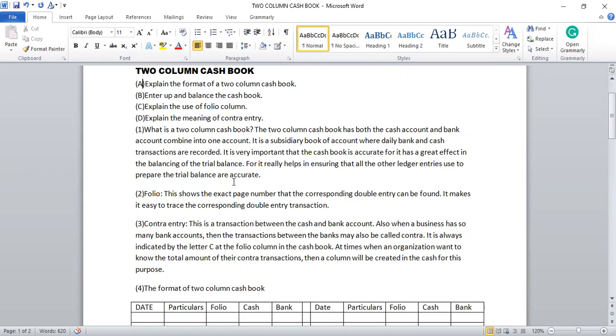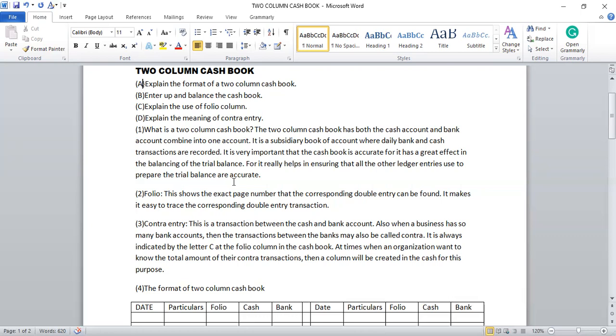Whenever you are preparing accounts, first make sure that your cash book is accurate and balanced. When the cash book is balanced, the probability of all the ledgers being accurate and your trial balance also balancing is really high.